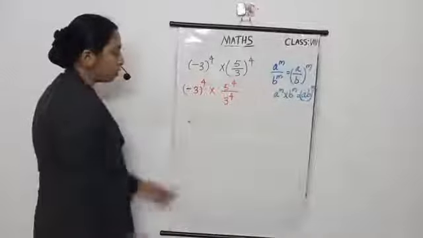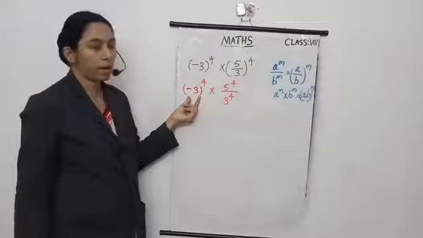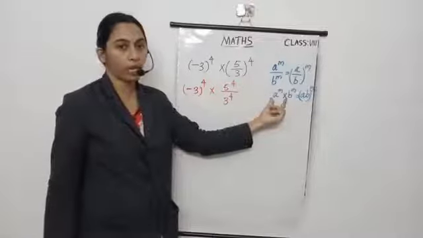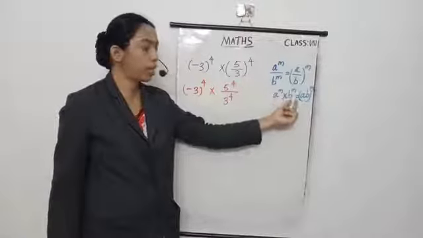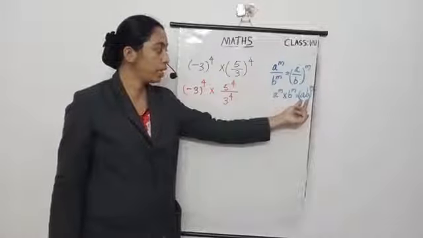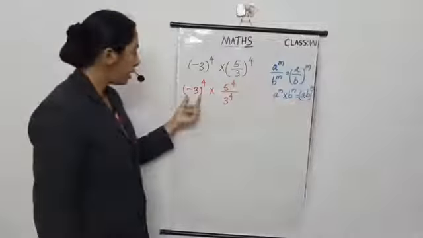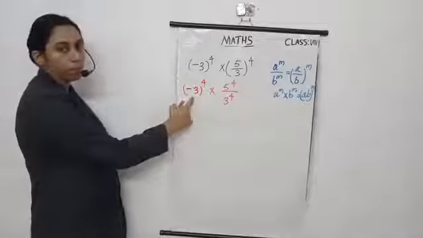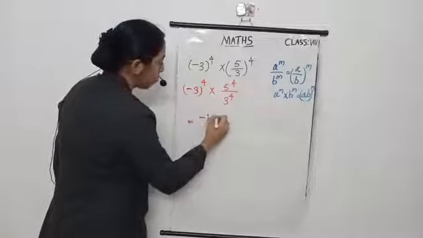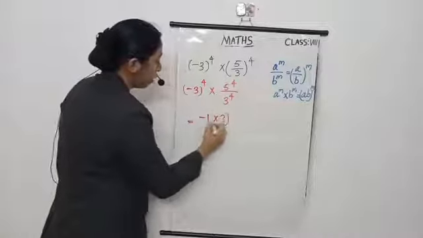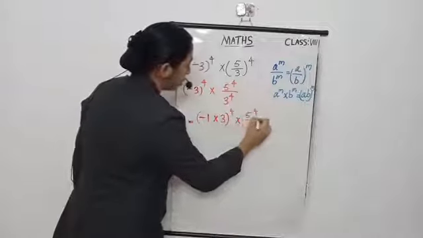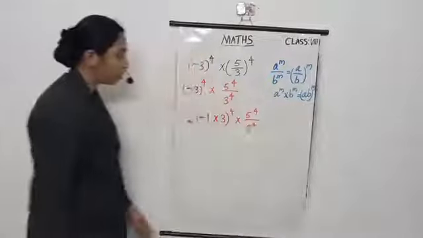Now here 3, here minus 3. So we use this: a raised to m into b raised to m equals ab all raised to m. So a into b is done here, isn't it? Like that here also one multiplication is done. We split this: minus 3 is minus 1 into 3 all raised to 4 into 5 raised to 4 by 3 raised to 4. How?